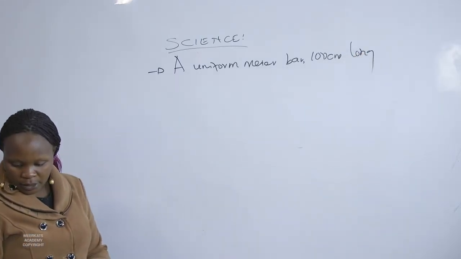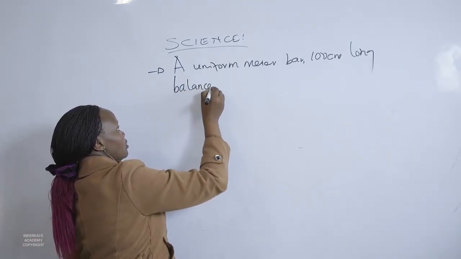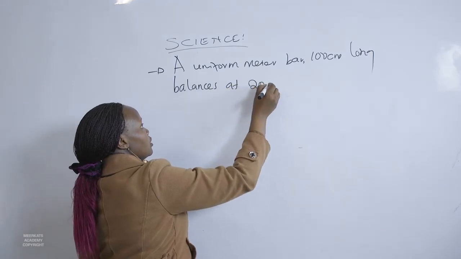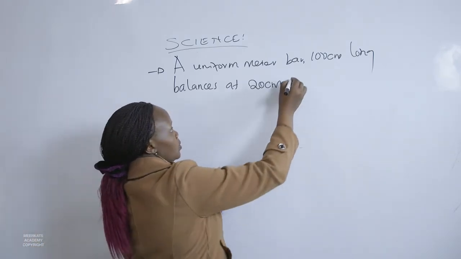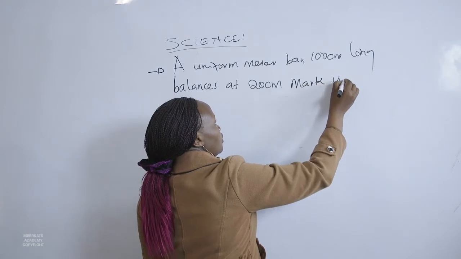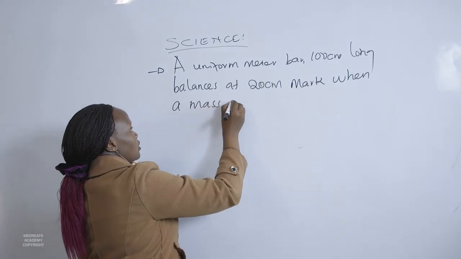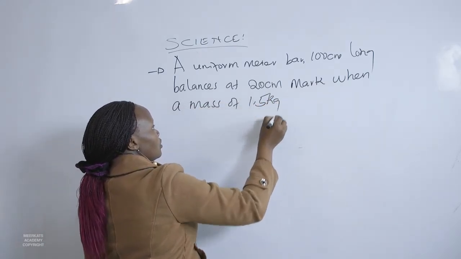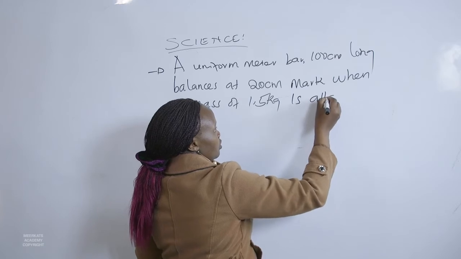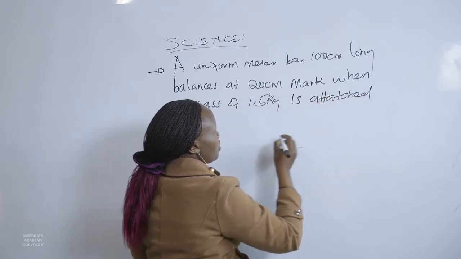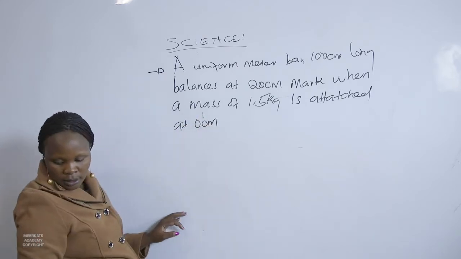A uniform meter bar 100 centimeters long balances at 20 centimeters mark when a mass of 1.5 kgs is attached at 0 centimeters.